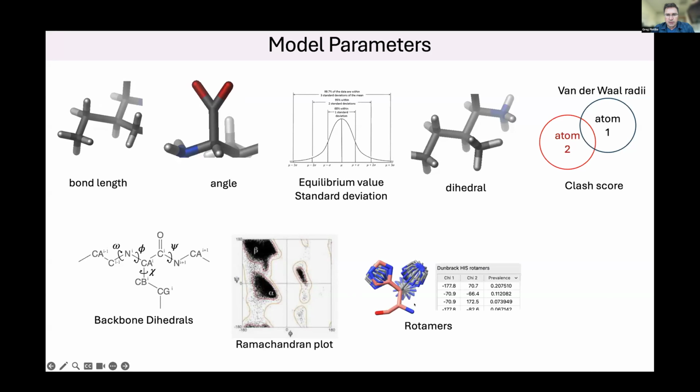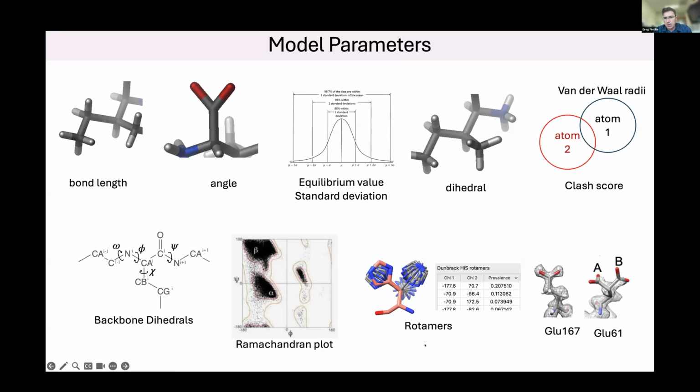And then we also can look at rotamers. Each side chain can have a number of specific conformations that are known to have been observed in high resolution structures or have good favorable bond angle and dihedral parameters. We use these rotamer libraries to tell us whether this side chain is reasonable.